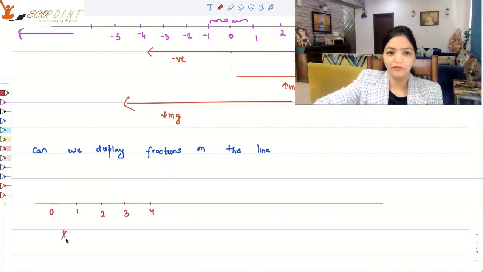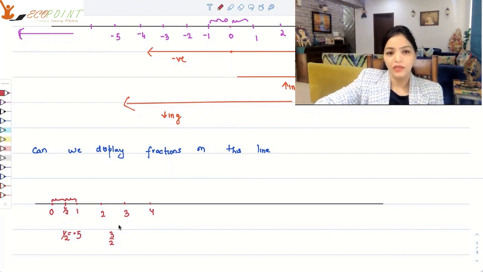Where would half be located? Half means it is half the distance from 0 and half the distance from 1. So it will be absolutely in the middle of 0 and 1. But now I want to talk about 3 by 2. So half, which is 0.5, is located here.